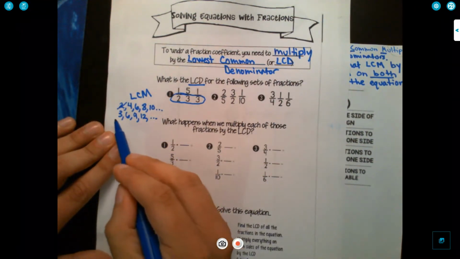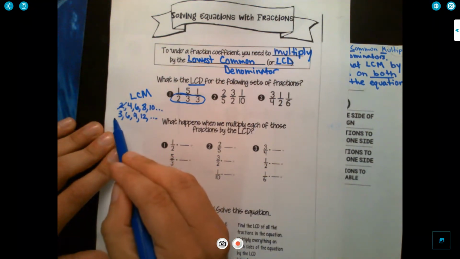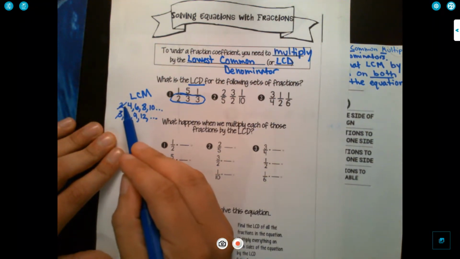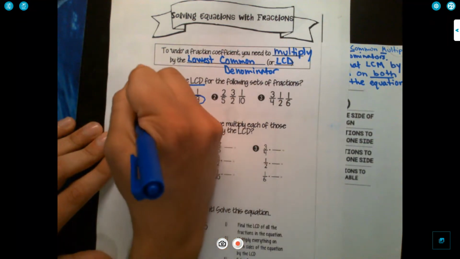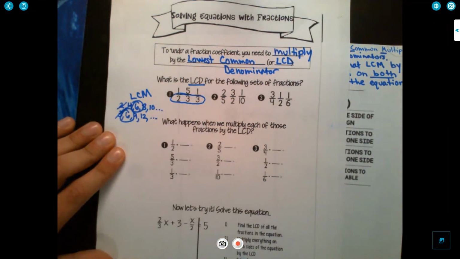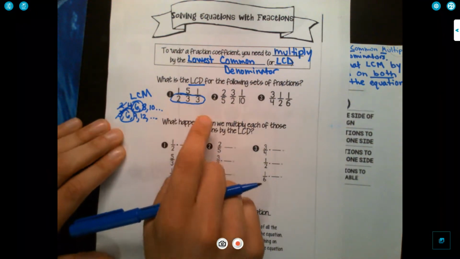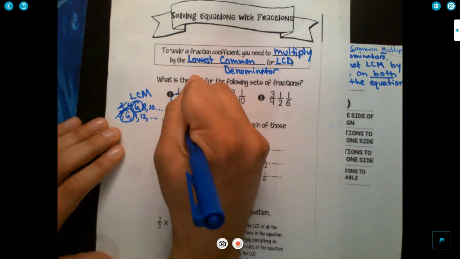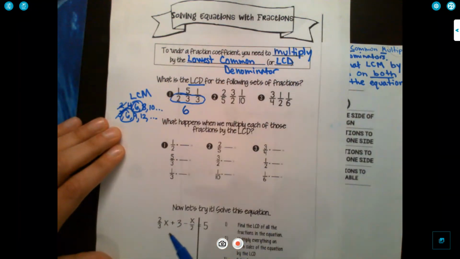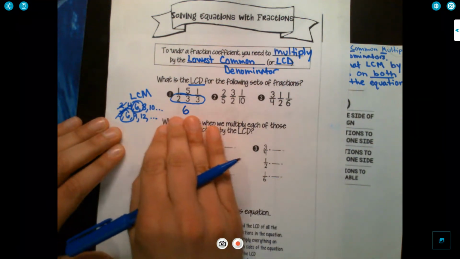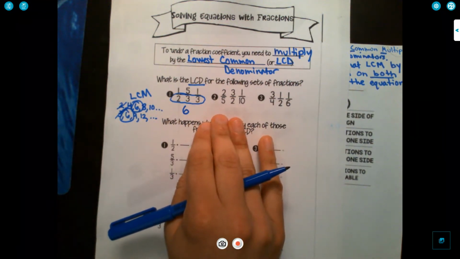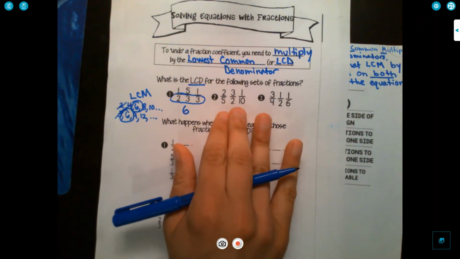Mark off 2, mark off 3, 4 isn't shared. Looks like they share 6. So 6 is the smallest number that both of these multiples share. That means we're going to multiply all the expressions by 6, but we'll get into that.